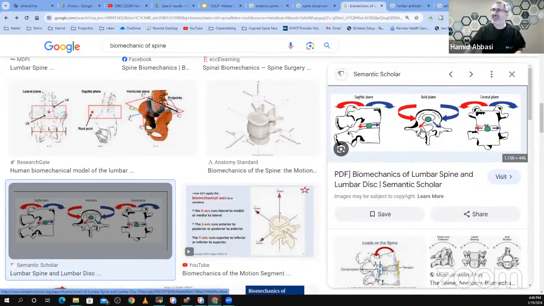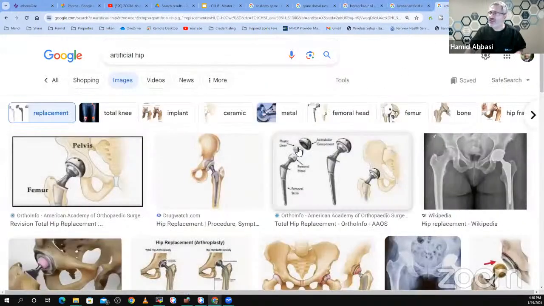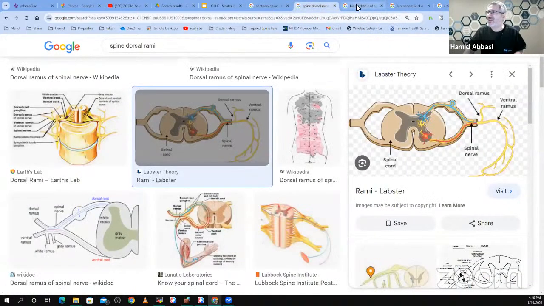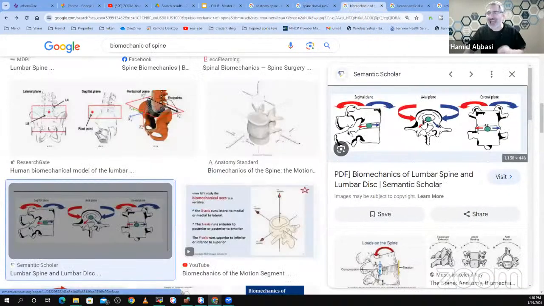like in the hip, you have a joint, you have a center of rotation, you put it in, and you attach the muscle, or maybe sometimes you don't even cut them. In the spine, just to get there, you have to detach lots of muscle, but once you're there, you put something in that has a fixed center of rotation, but in reality, the center of rotation in our spine is not fixed.